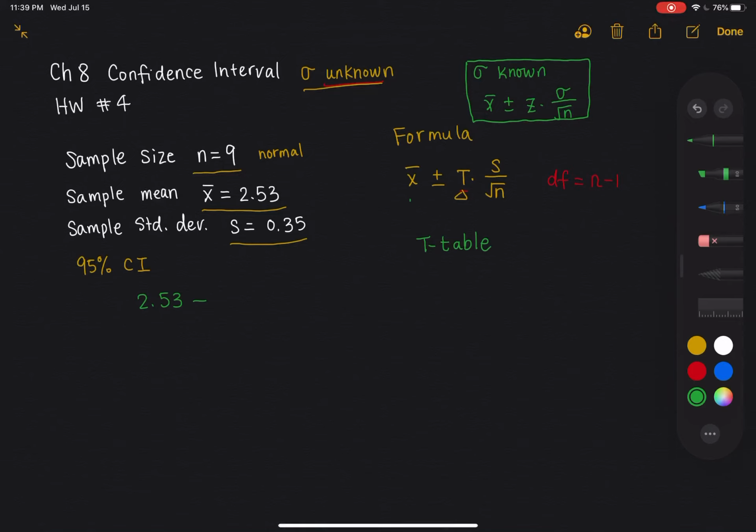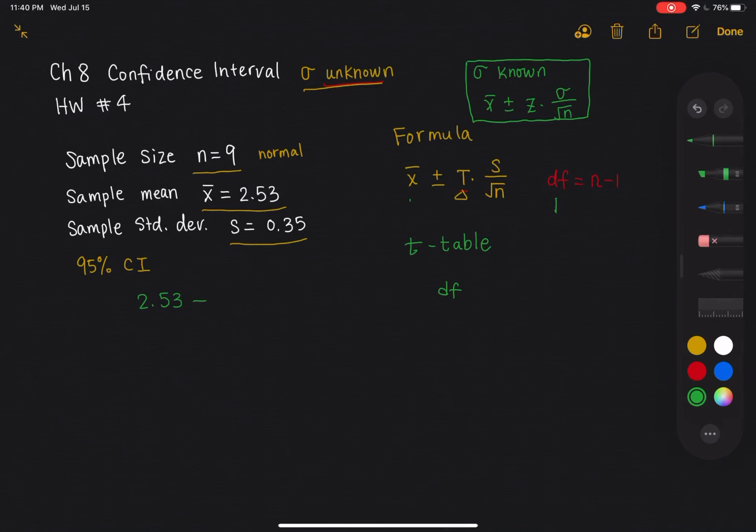And how do you use it? Little t. You look under the t-table. You have cumulative probability, 1 tail, 2 tail, and right after that, you have df, degrees of freedom.